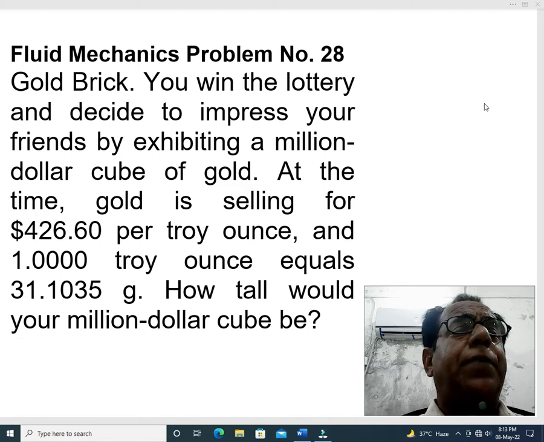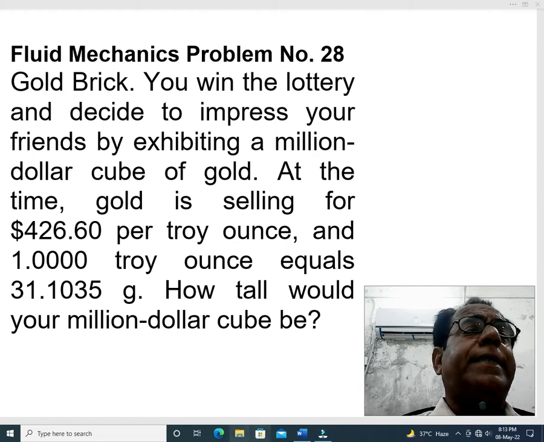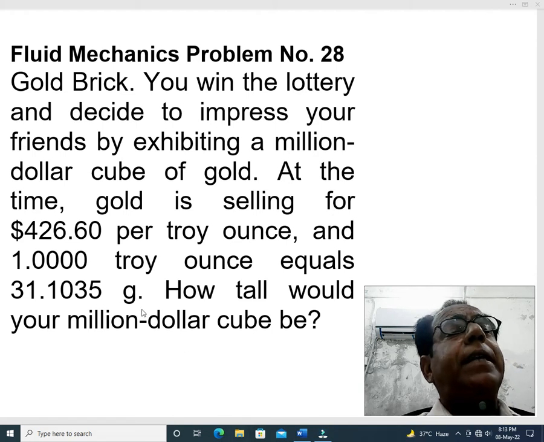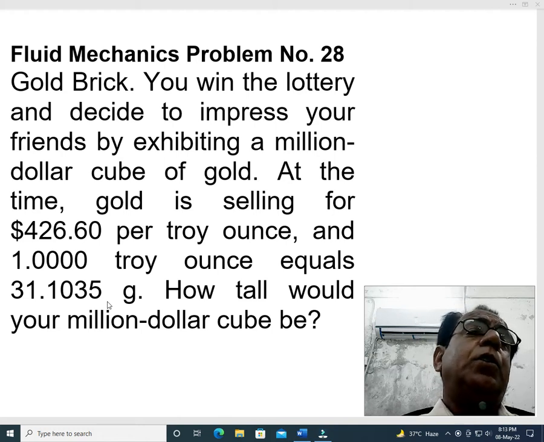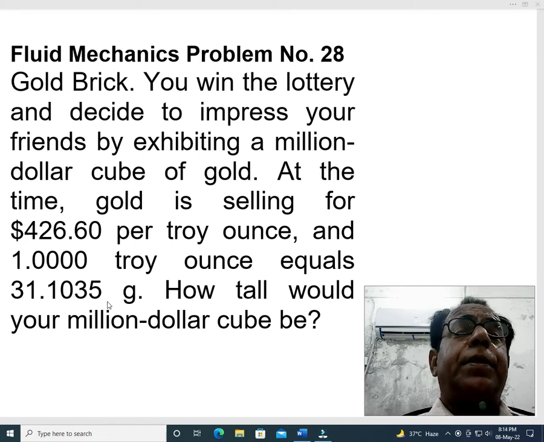31.1035 gram. This mass has a value of $426, but we will try to find how much mass will become against $1, so that in the next step we will find the mass against 10 raised to the power 6 dollars, that is $1 million.